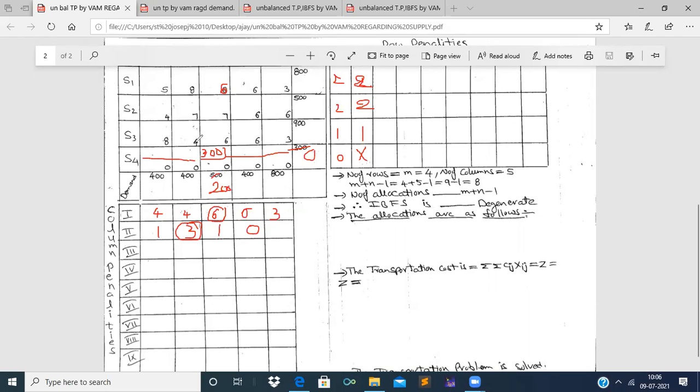To this 4, corresponding demand is 400 and corresponding supply is 900. Therefore, we allocate the least value, that is 400. We strike off 400 from 900, we are left with 500, right? Now we strike off the column, as the column demand is exhausted.